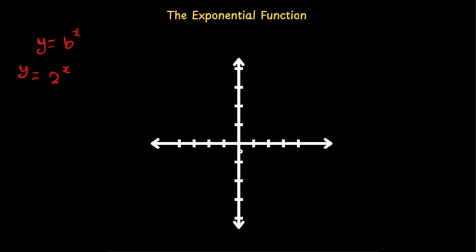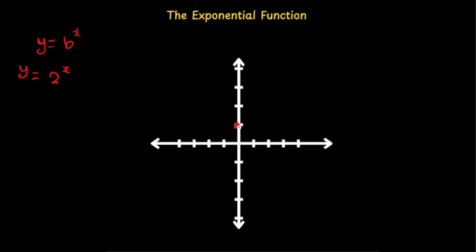And let's go ahead and plot this function together, guys. When x is equal to 0, the equation is y is equal to 2 to the power 0. And as we know, any base, any whole number, when raised to the power of 0, has the value of 1.